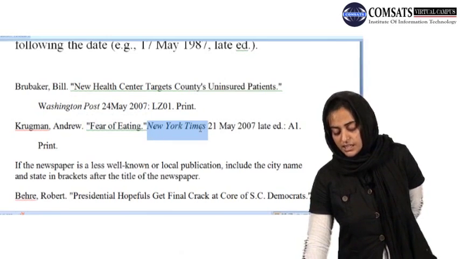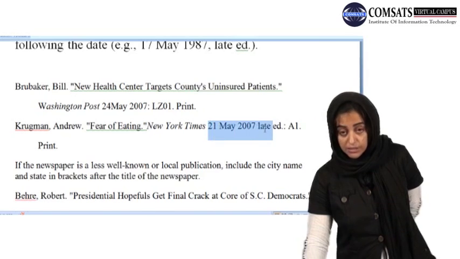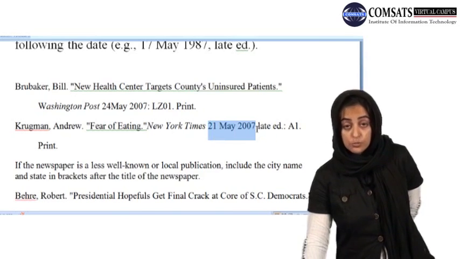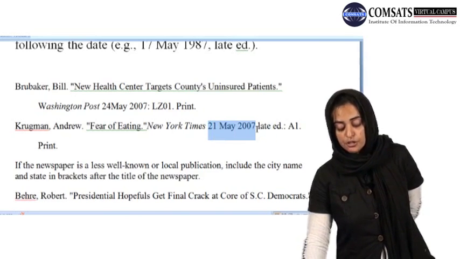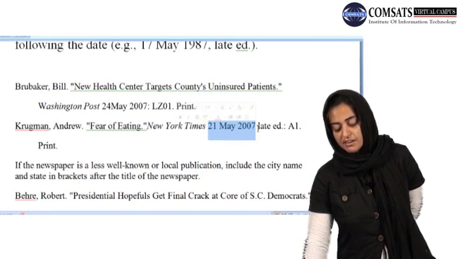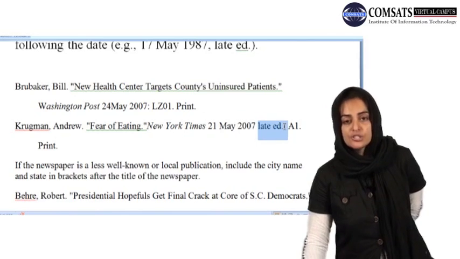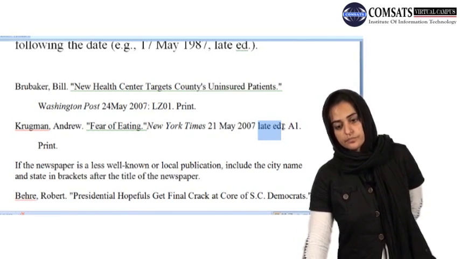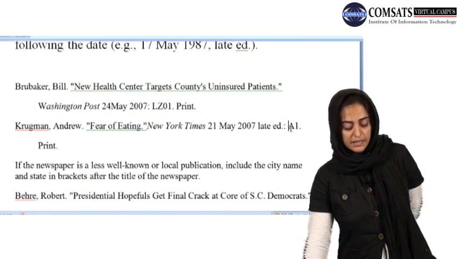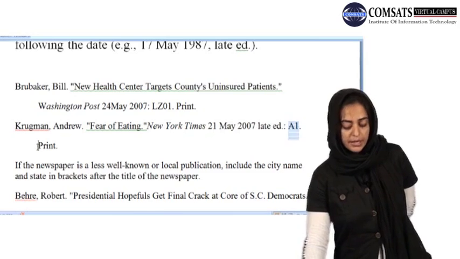Then the date of publication, 21st May 2007. But one more piece of information added here after it is late edition. Then colon, page number A1, and then print, the medium of publication.